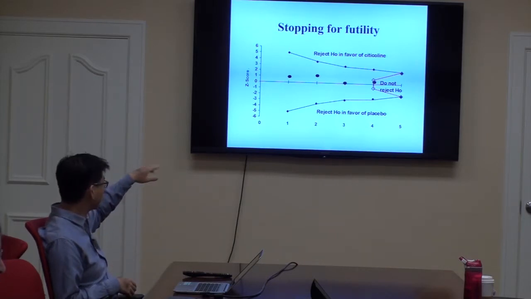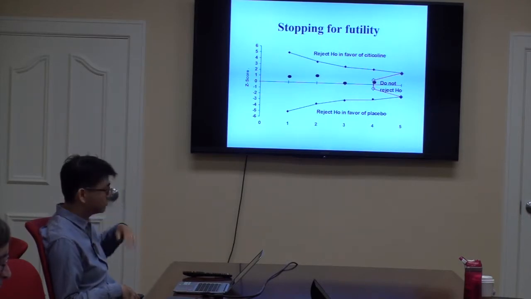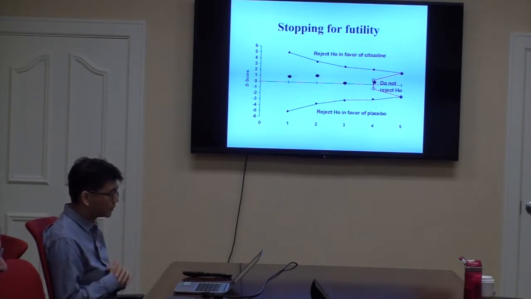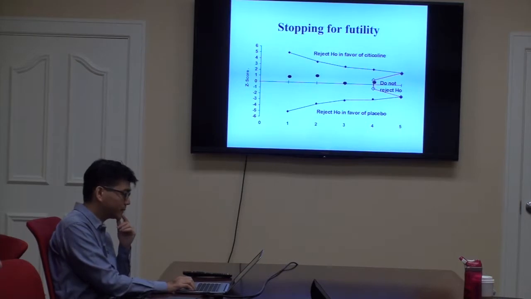This is a great example: the dots show the observed data as we progress, and at an interim analysis, the data crossed the red line, and then we stop the trial and say that it's futile to move forward. So let's stop and save some money.